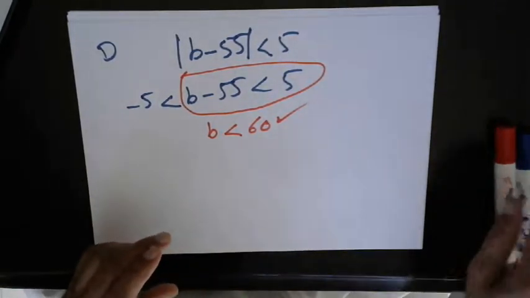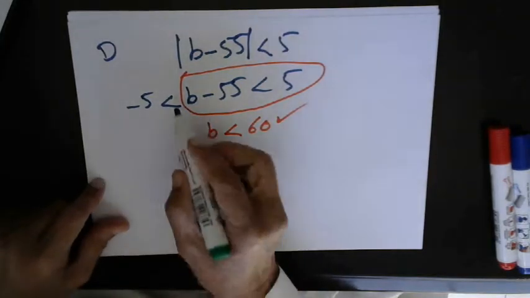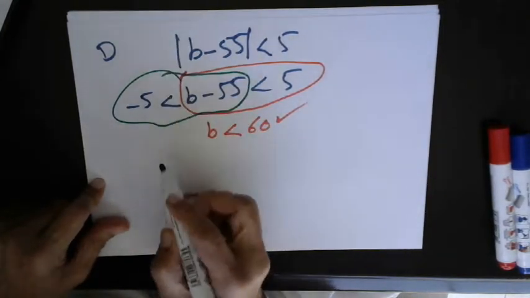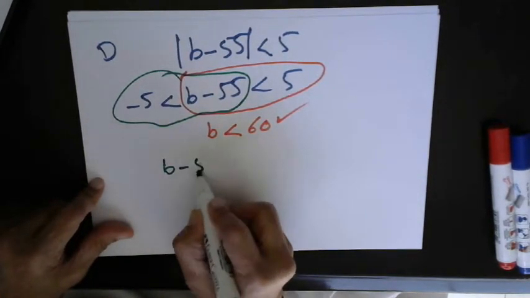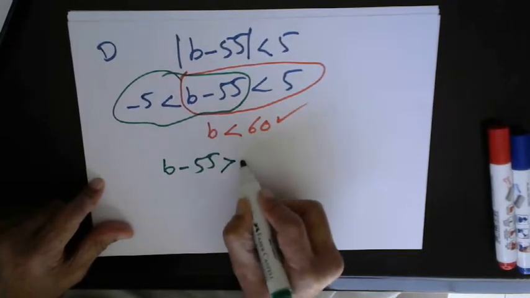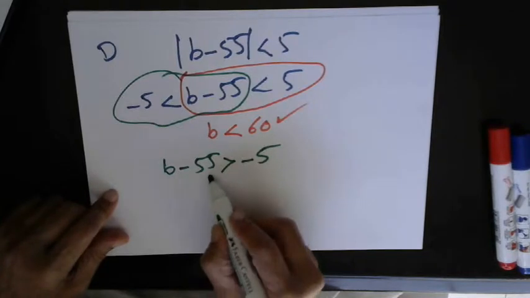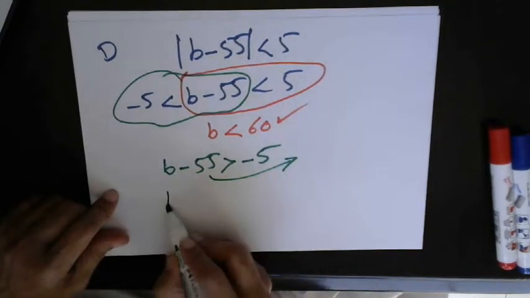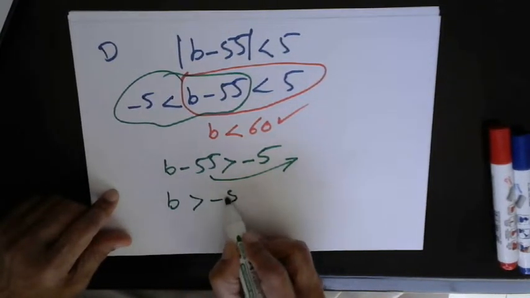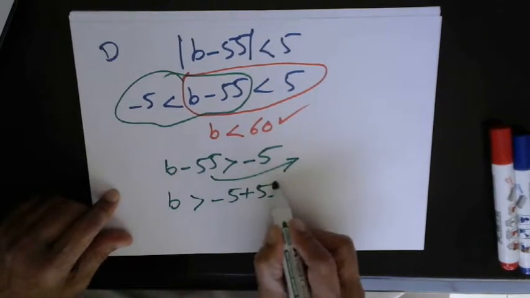Let us consider this inequality, which says B minus 55 is greater than -5. I transfer this to the right and I will get B greater than -5 plus 55.